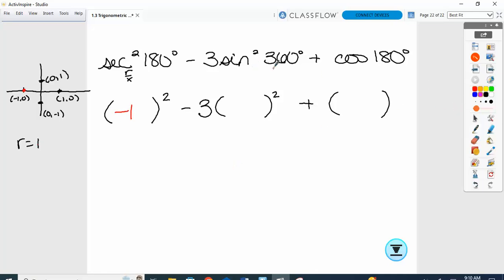Then 3 times the sine of 360. Where is 360? All the way around, we're back to 0. Sine is y over r. So at that point, my y is 0, r is 1, so 0 divided by 1 is 0.